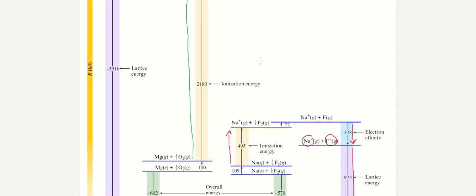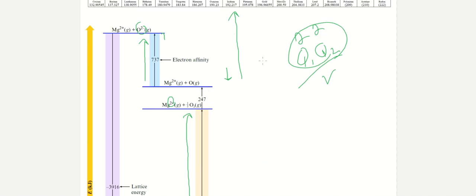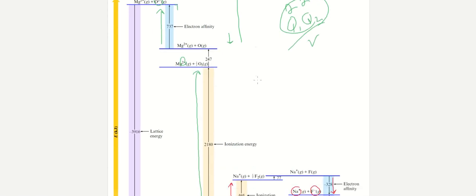But now, if you use Coulomb's law, Q1 Q2 over this bottom term, which doesn't really matter, because now you're doubling the Q's, 2 times 2. The lattice energy is going to be about a factor of 4 greater than it was for sodium fluoride. So look at that lattice energy. It's very favorable.